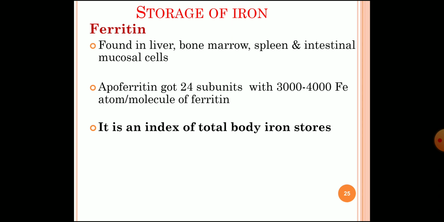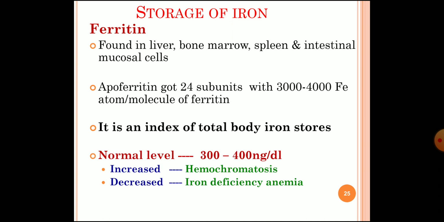If you measure the ferritin, you can get an idea of the total iron stores, how much iron content is present in the body. The normal level is 300 to 400 nanogram per deciliter, and ferritin content is increased in hemochromatosis, that is iron toxicity, and it is decreased in iron deficiency anemia.